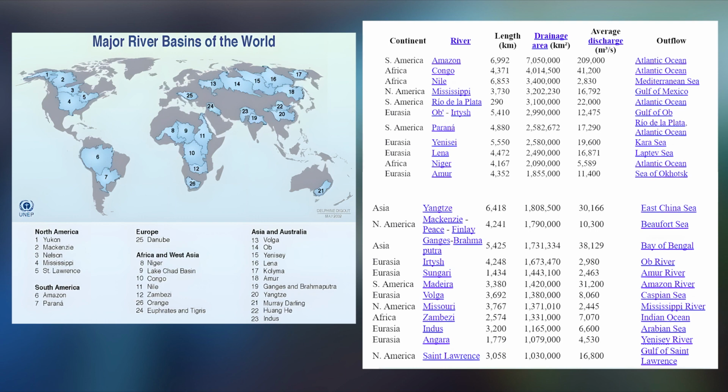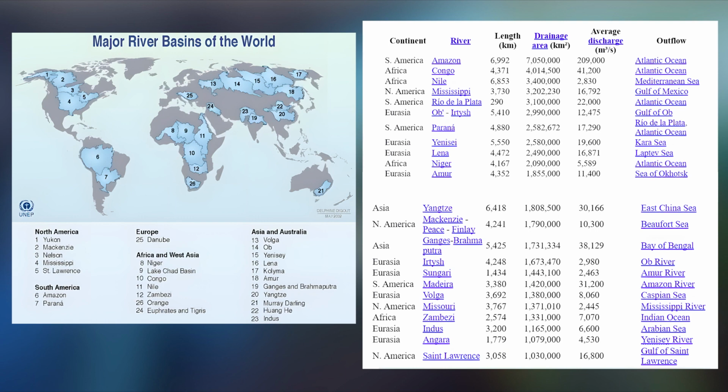The Mississippi River, for example, has an average discharge of about 17,000 cubic meters per second, several times that of the Nile. The Mississippi discharges out to the south in the Gulf of Mexico, and its drainage basin comprises a large proportion of the continental United States, including much of the Midwest and surrounding southern states.